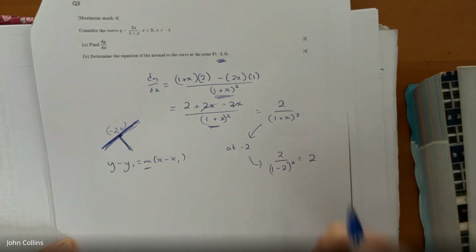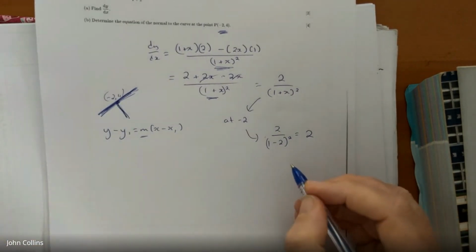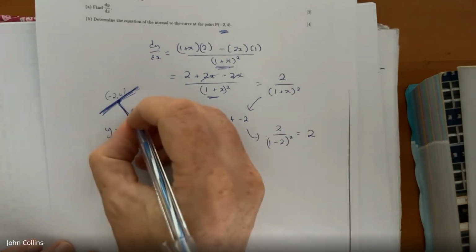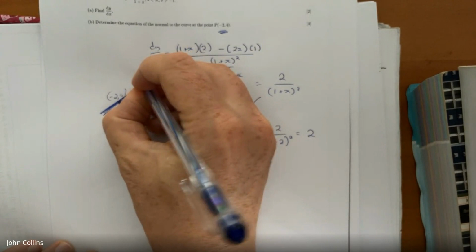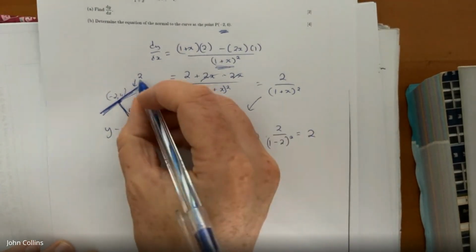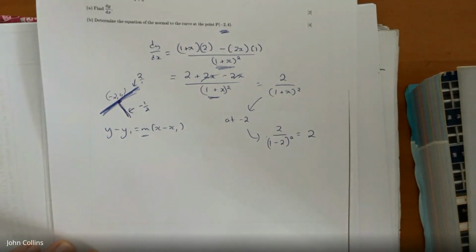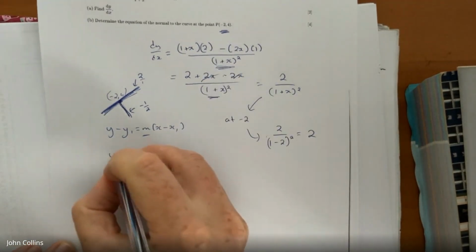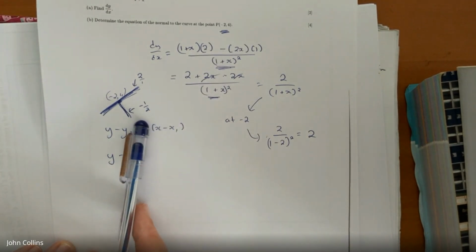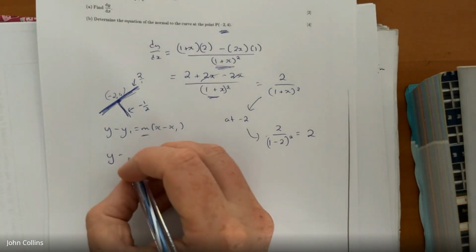I think that's just 2. And once I have that gradient, I know the gradient of the normal then. So this one is 2. The gradient of the normal is minus a half. So if this is 2 over 1, you flip it and minus a half. They share that point. So this point, this gradient, and I'll just find the equation of the line then.